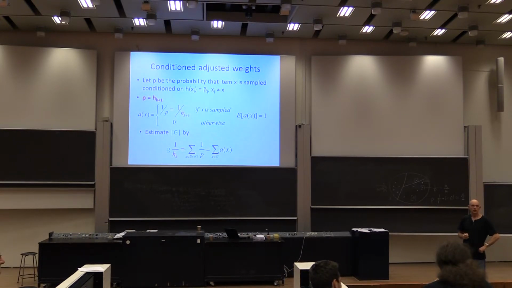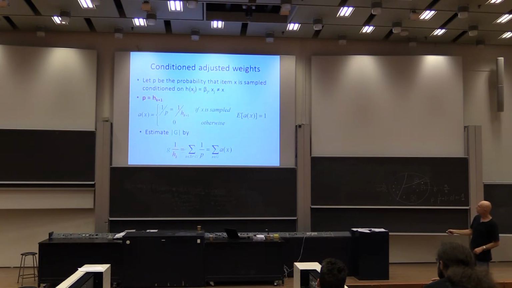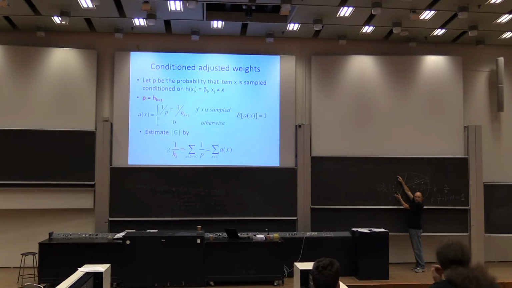Wait, I can understand why the shared value of t is k plus 1. Why is the shared value of 1 over H_k the same as 1? So H_k is actually p. H_{k+1} is actually p, conditioned on you being in one of these fixed subsets. So fix the subset.